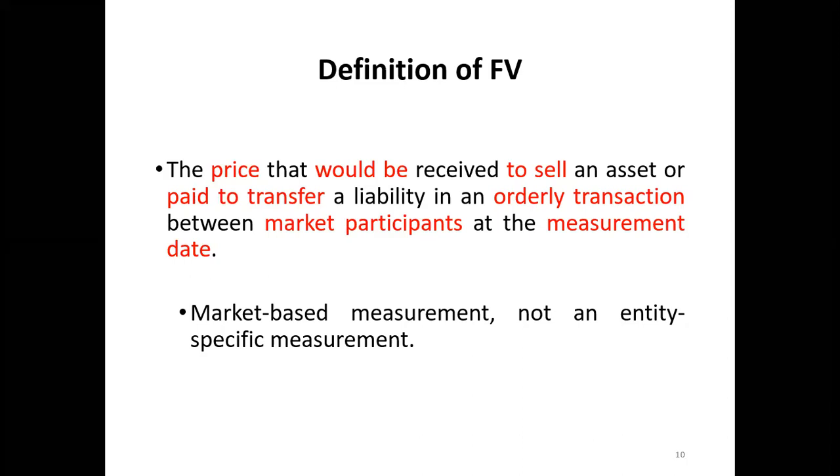So you assume that here you have enough time to take that market exposure. You can make the market aware of this particular product, and thereby you can get enough participants, the buyers for that, and then out of that the price emerges. So that's what we call the orderly transaction.